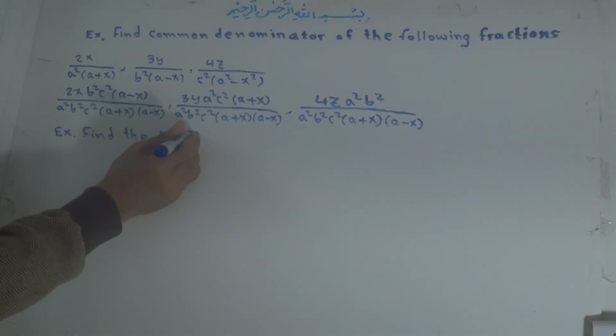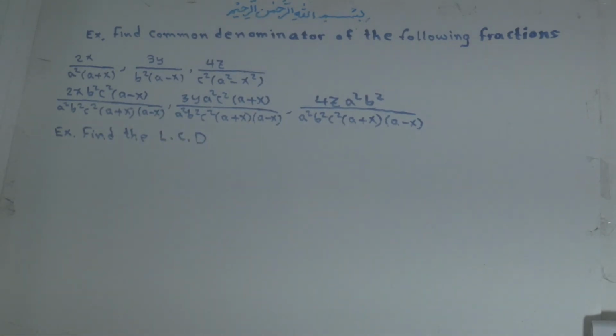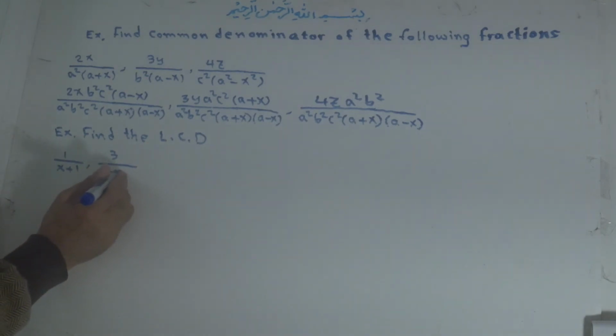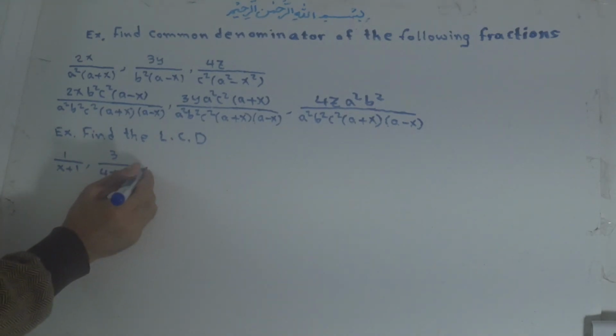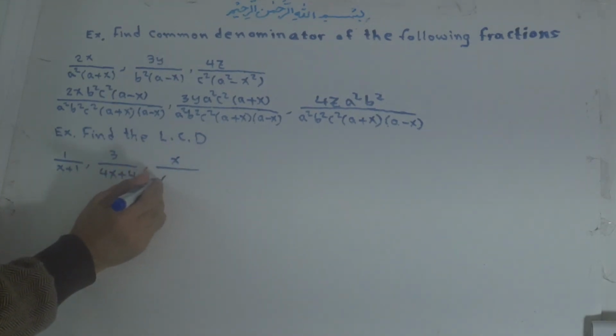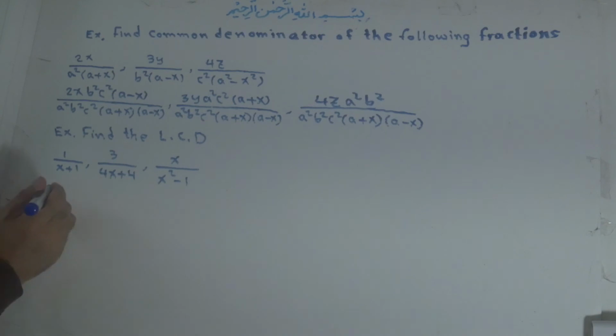Instead of lowest common denominator, we write the abbreviation LCD, of the following fractions: 1 over x plus 1, 3 over 4x plus 4, and x over x to the power of 2 minus 1. Now what do we do?